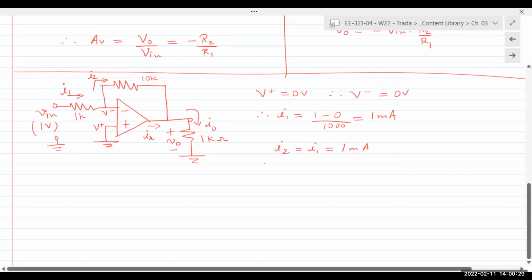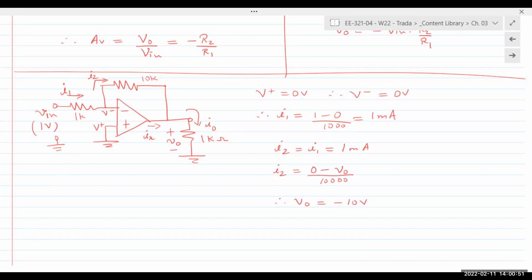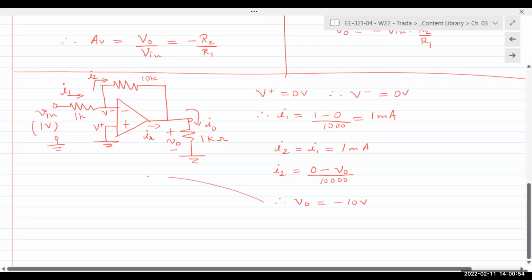And then, I2 can be described as 0 minus VO divided by 10,000. Therefore, VO is minus 10 volts. And from there, I can find IO. IO is minus 10 volts divided by 1,000. So minus 10 milliamps.